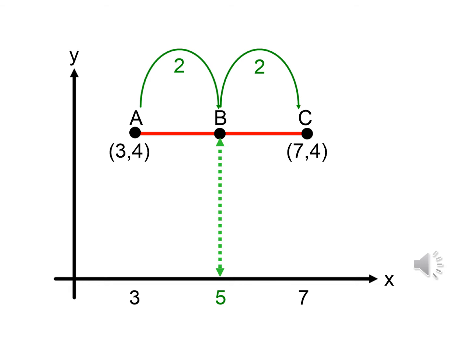If the big jump between A and C is 4, and we know that B is halfway between those two letters, then we know that the jump from A to B is 2, and the jump from B to C is 2. And that means we can quite easily work out that the x-axis coordinate for B must be 5. It's 2 more than 3 and 2 less than 7. So that was quite easy to work out with the information that B is halfway between A and C.